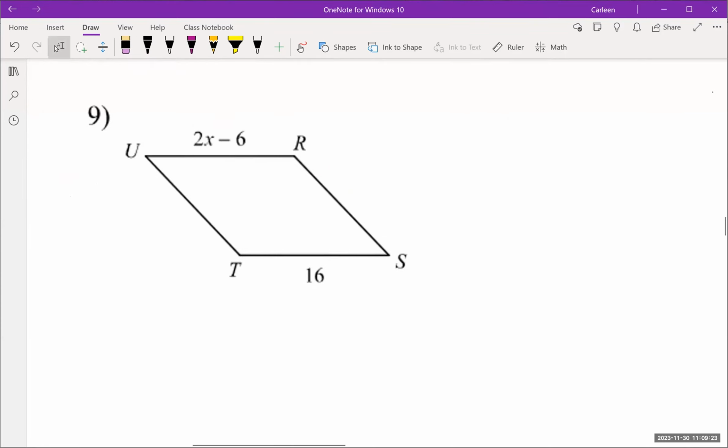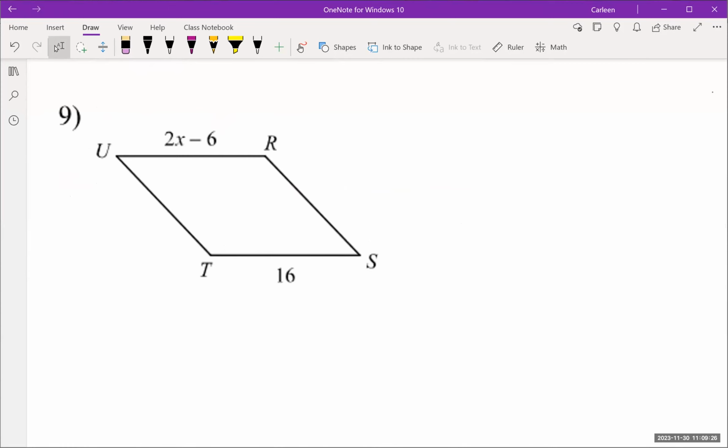Okay. Opposite sides of a parallelogram are congruent, which means their measures are equal. Opposite sides are congruent.